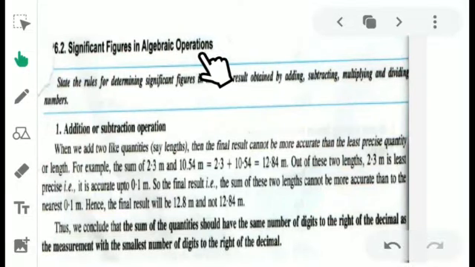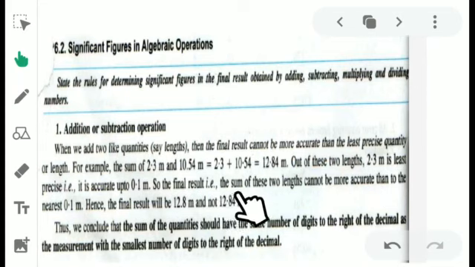Next, significant figures in algebraic operations. We have to add two numbers, 2.3 and 10.54. Significant figures in 2.3 is 2, and in 10.54 it is 4. When you add these two, we get 12.84. Out of these two lengths, 2.3 meter is least precise. It is accurate up to 0.1 meter.